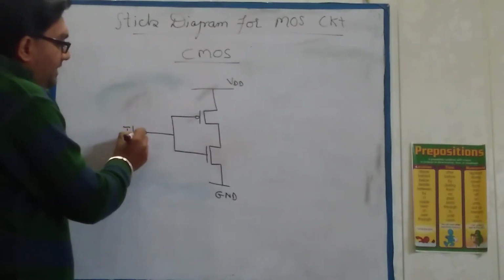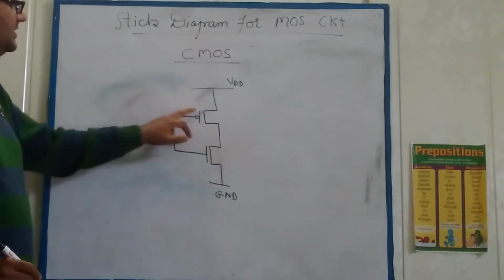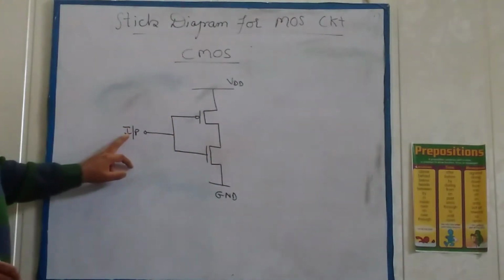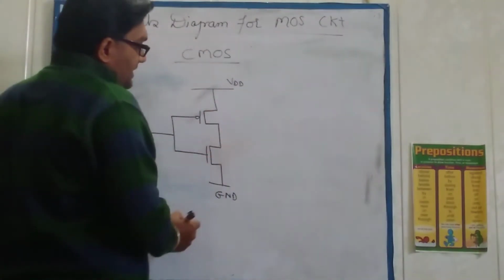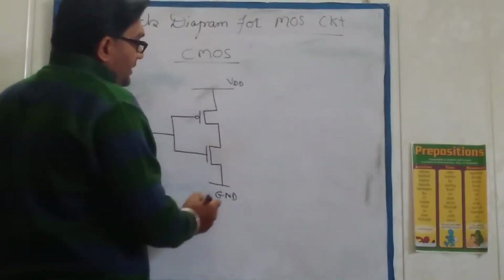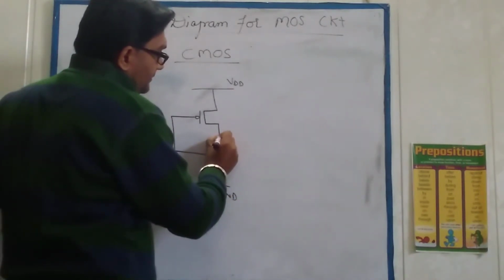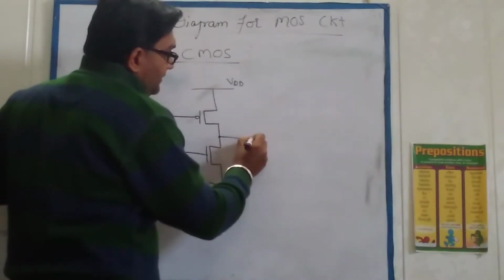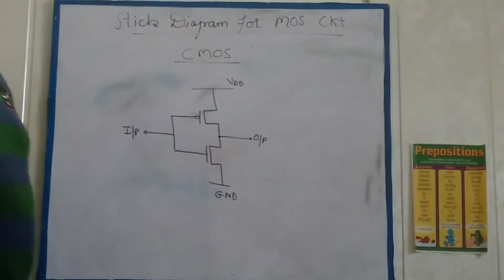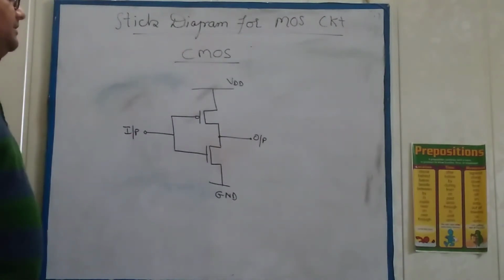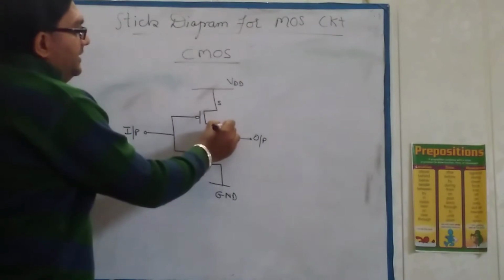Input is applied here. The gate terminals of the two transistors are connected together and commonly taken as the input. The output is taken here. For the PMOS, the source is here and the drain is here.